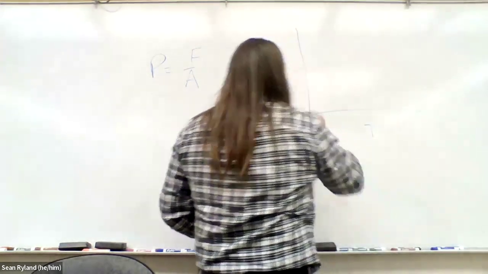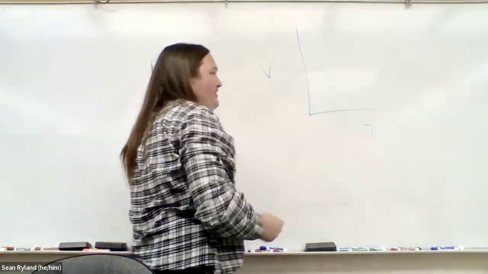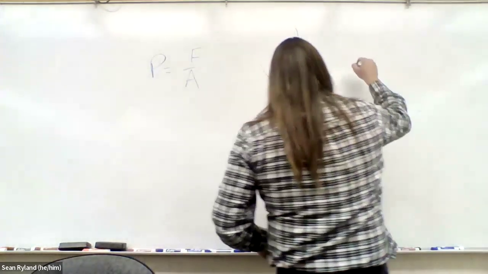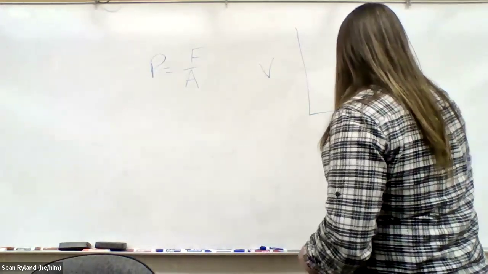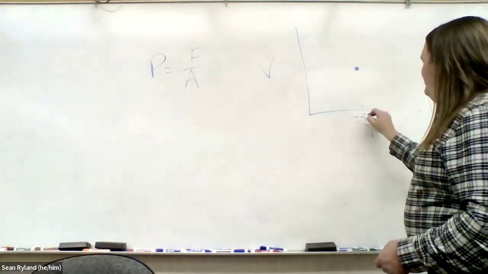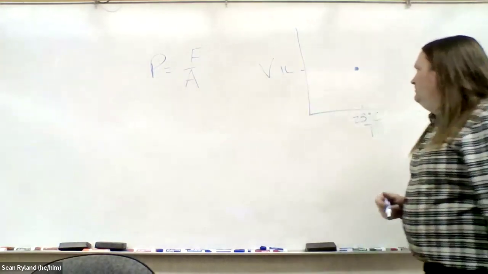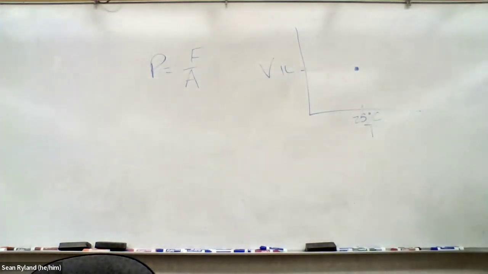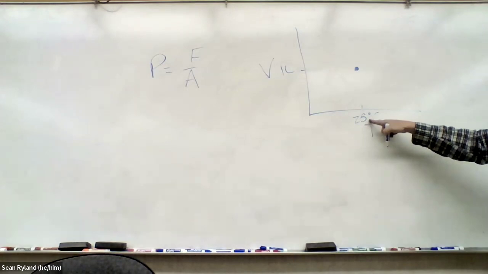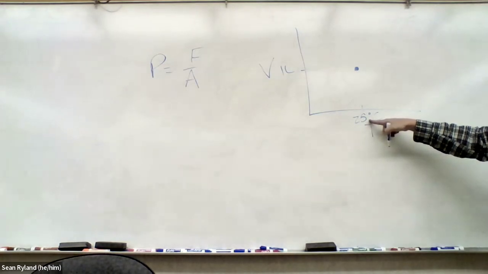So let's do a similar thing with volume of the piston versus temperature. Let's say we started right here, call that 25 Celsius and call that 1 liter. If we double the temperature, what would we expect to happen to the volume?